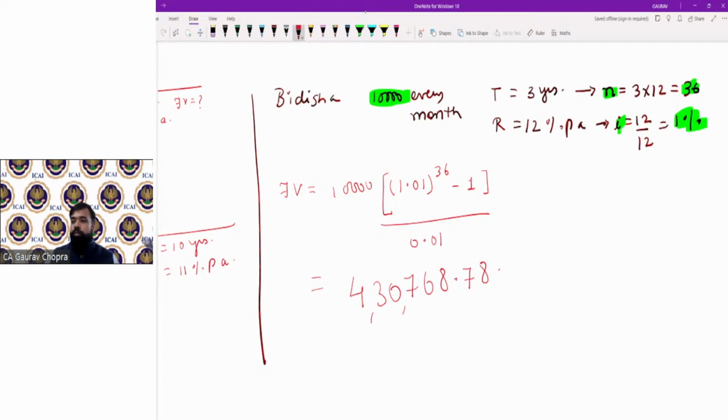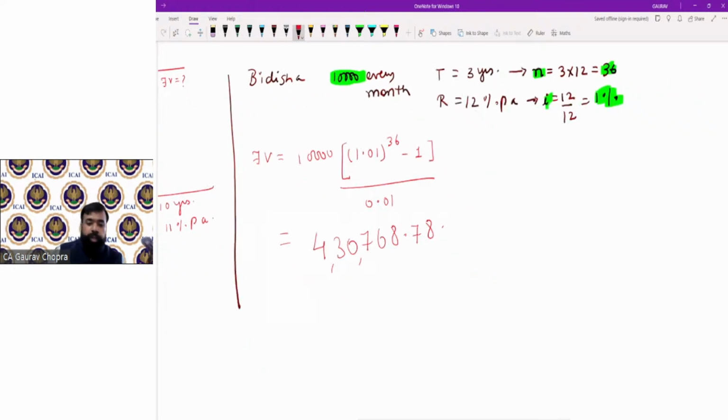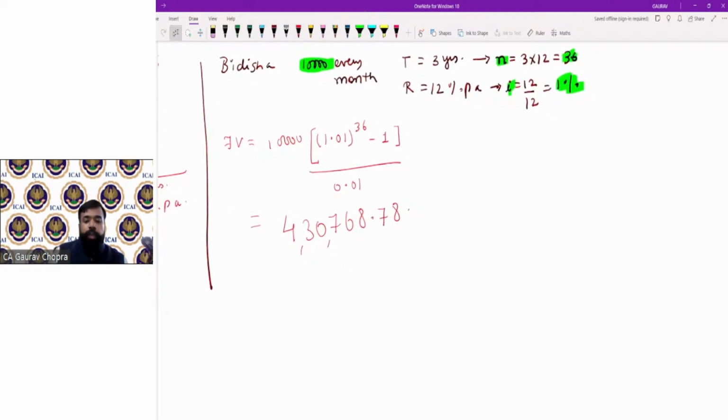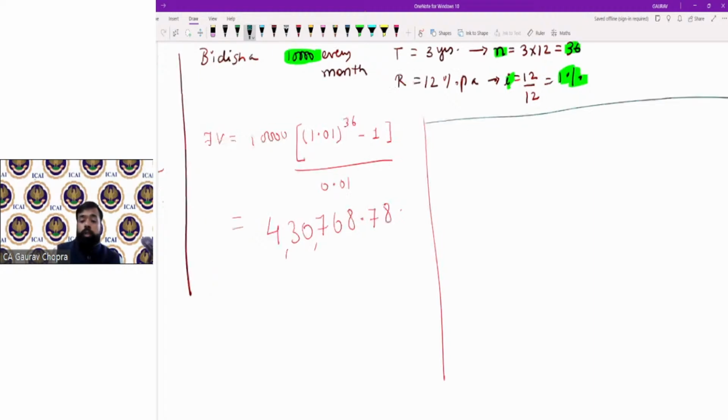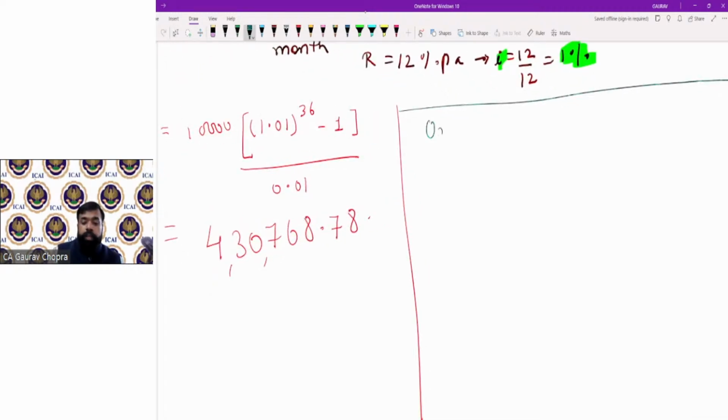So let's take one more question, last one for today, and then we will be continuing in the next class. Now, Om is investing, let's say, rupees 25,000 per month.